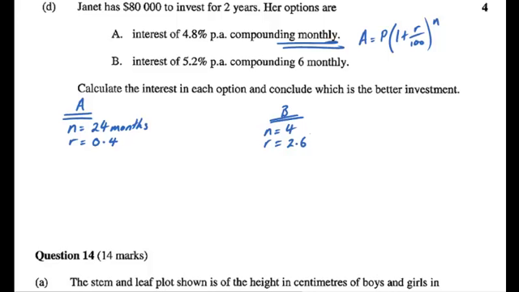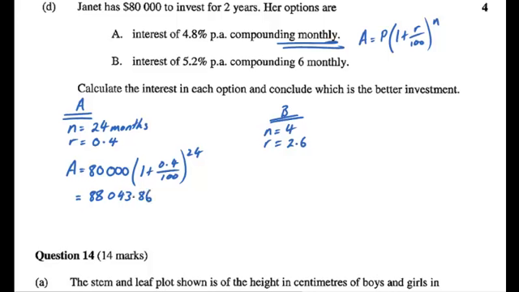Okay, then use your formula. So A is equal to 80,000 times by 1 plus 0.4 over 100 to the power of 24. That gives me $88,043.86.